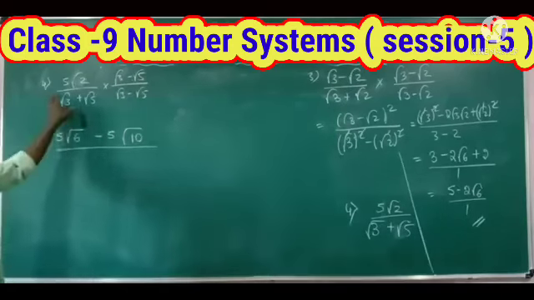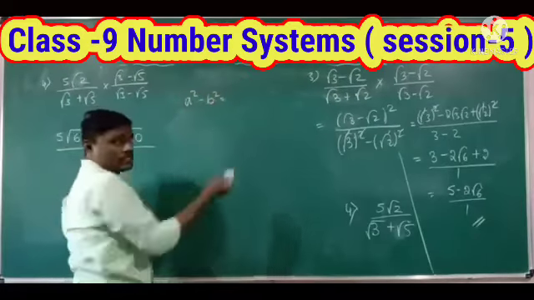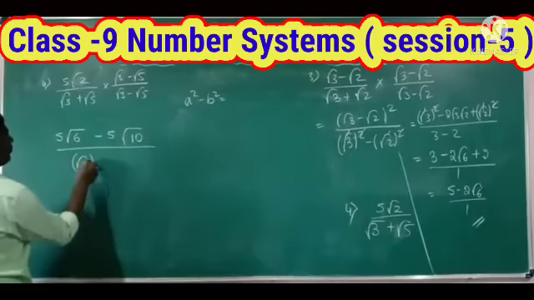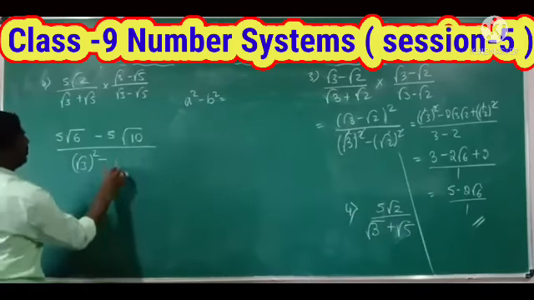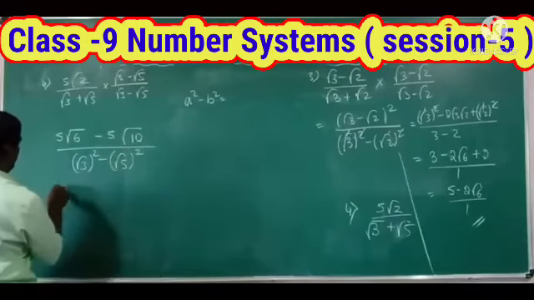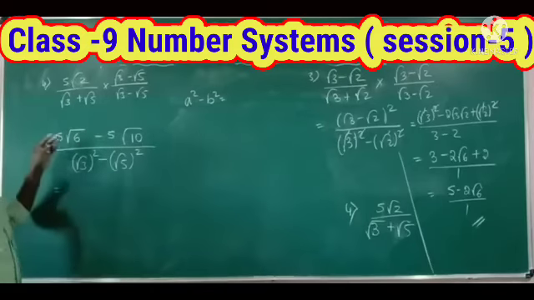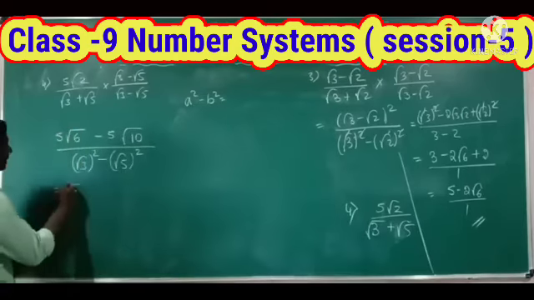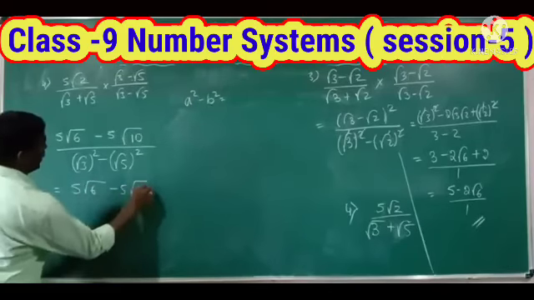Divided by, now the denominators are in the form of a square minus b square. How can you write this one? a plus b into a minus b. So square root of 3 whole square minus square root of 5 whole square. We cannot add in the numerator because we have two different numbers inside the radicals, so write the numerator as it is, 5 root 6 minus 5 root 10.